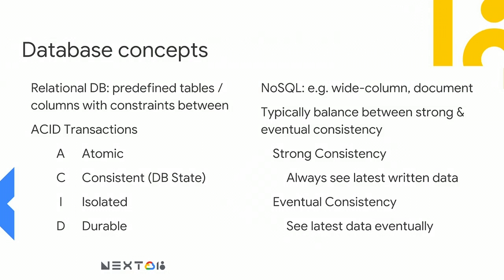Just to confuse things, this is a different type of consistency than the one on the left. Strong consistency says every time something is written, all of the readers see the latest version of the object. With eventual consistency, eventually everybody will see the latest version, but not immediately.